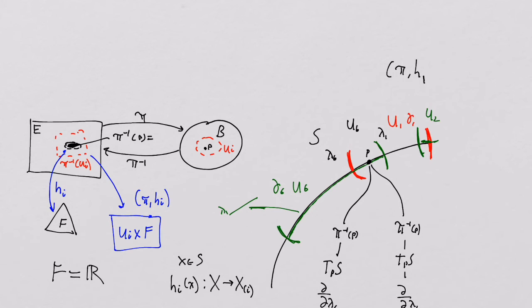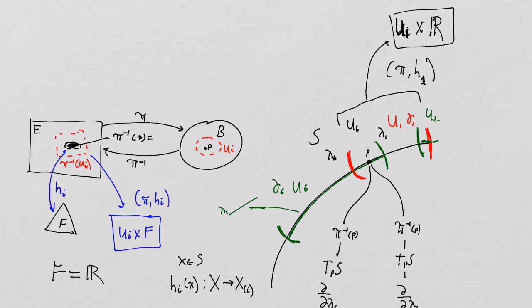So pi h1 is going to map U1, which is this whole region here, and it's going to send that to something diffeomorphic to U1 trivialized with the fiber, which is R. And that's what pi h1 is.